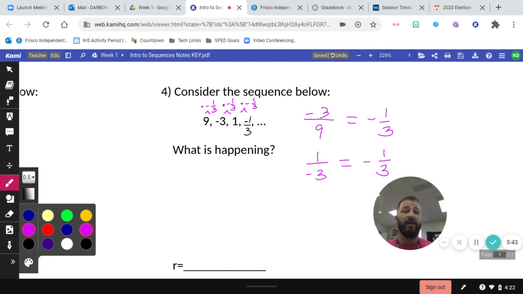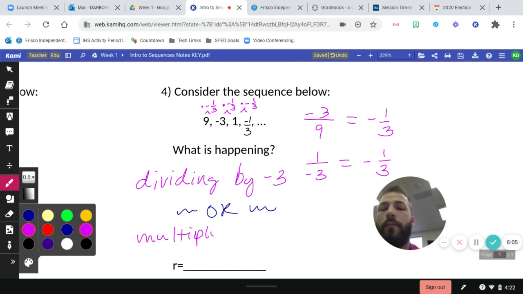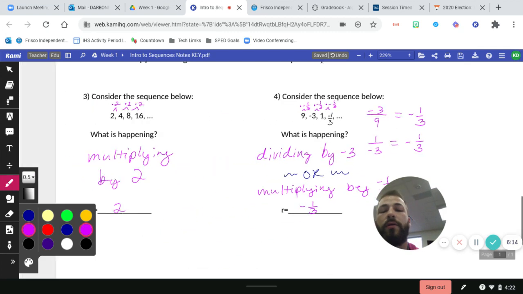And because it's negative, like we said earlier, it's going to switch signs each time. So what is happening? We are dividing by -3, or the way we actually want to reference it for r, multiplying by -1/3, and that would be our r value, -1/3.